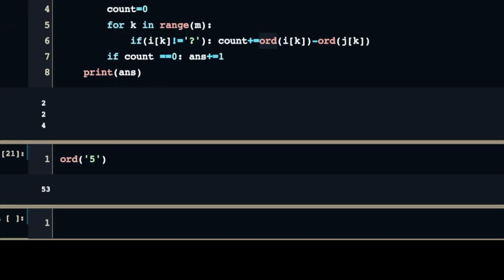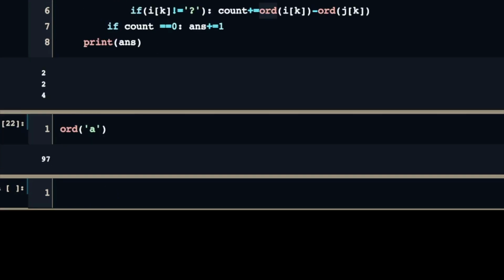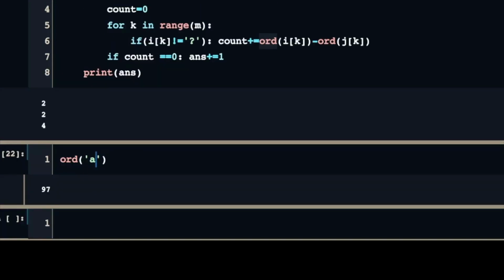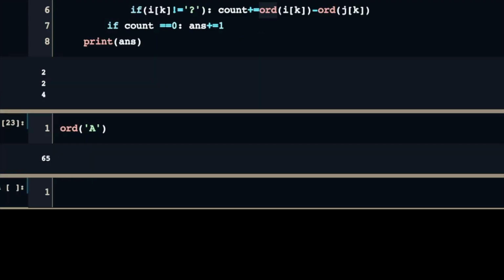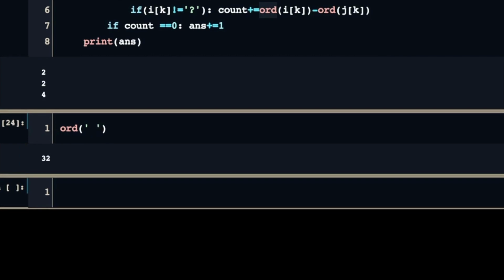Yeah, the Unicode ASCII character of 5 is 53. The ASCII code of A is 65, and the ASCII code of space is 32. You get the point.